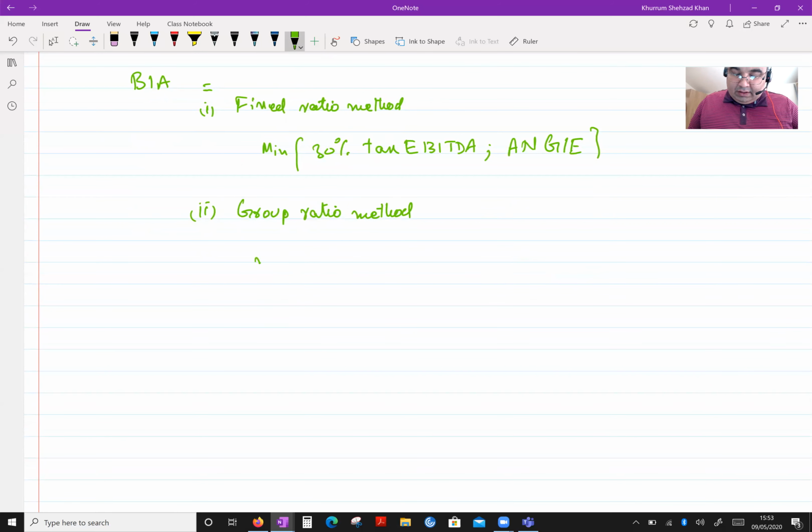It will be the lower of your V percentage multiplied by tax EBITDA, or QNG.